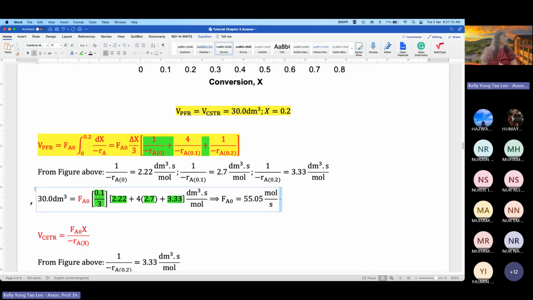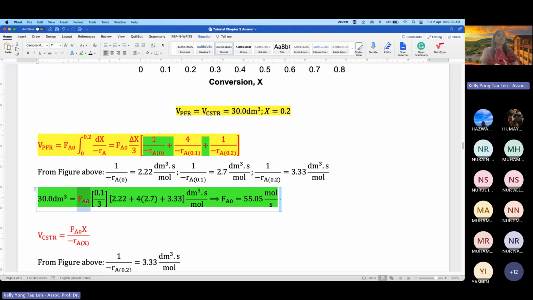After I substitute everything, don't forget we know the volume of the reactor is 30 dm cube. That is given. The rest of the back part we already saw, so we are only left with one unknown, which is FA0.